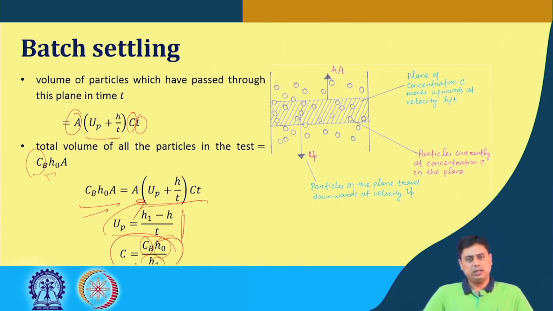H1 was the intercept of the tangent at that particular time t on the y coordinate, that is, the interface height of the clear liquid and the suspension, the height that we monitored.